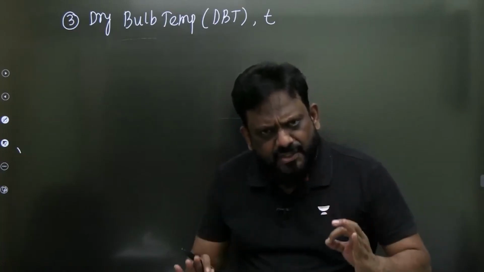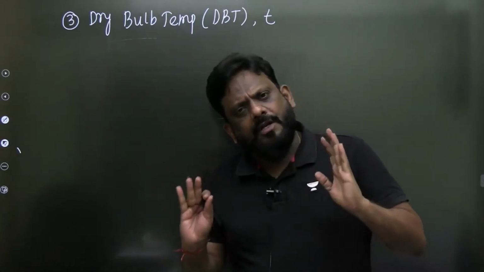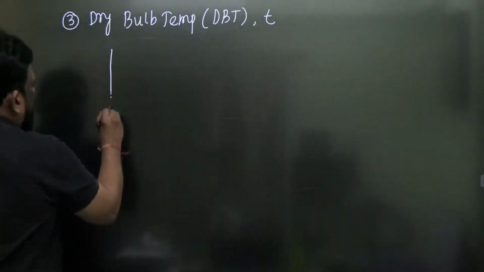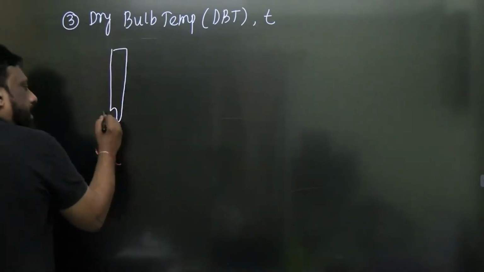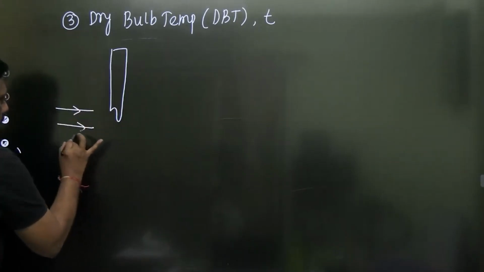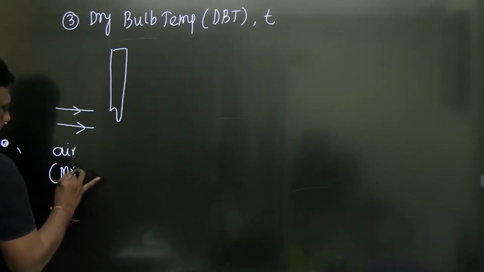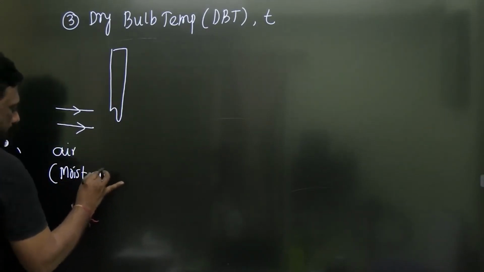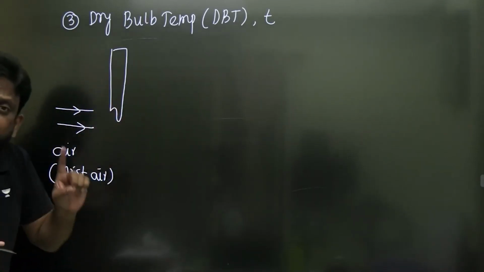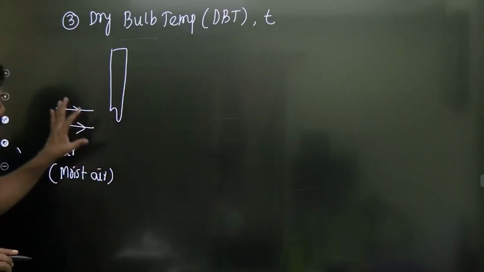It is the temperature of normal air measured by an ordinary thermometer. So you take one thermometer and this is the bulb. Now allow air to flow over this. Whenever I say air, can you tell me what is that air? It is a moist air. So this air also has water vapor. Allow air to flow over this and please see that nearby there is no moisture. I'm not talking about moisture in air.